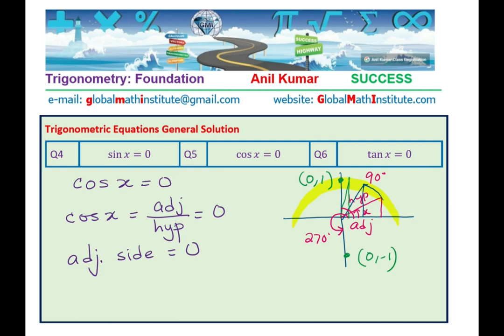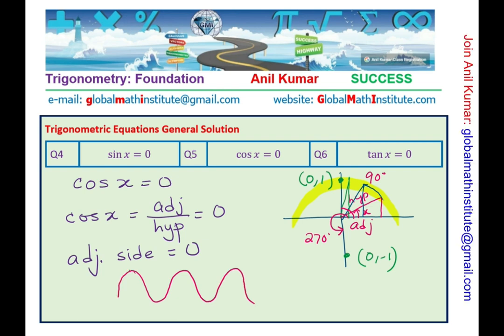It repeats means that if I sketch the cosine function, which normally starts with maximum, right? Of course, it is symmetric, you could do like this also. So in this particular case, you see that the cosine function is 0 at these points, correct?